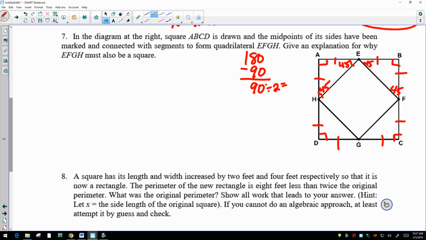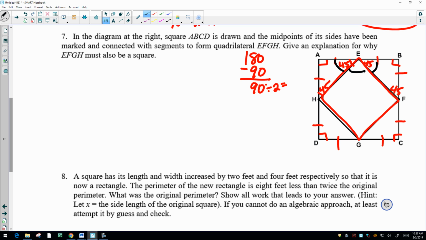It says we have to give an explanation for why EFGH must also be a square. So they're saying I took a square, I connected all the midpoints, I got this new figure on the inside. Why does this inner quadrilateral also have to be a square? Yeah. All the things from 90 degrees. Yep. Exactly. So I know all 3 of those have to total 180 degrees because it's on a line.